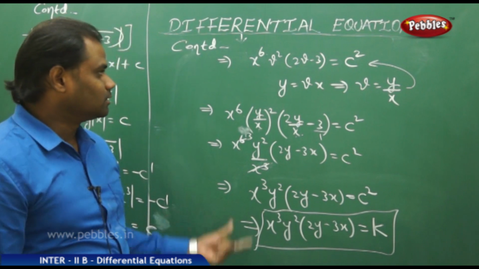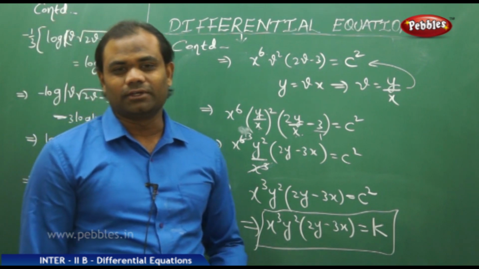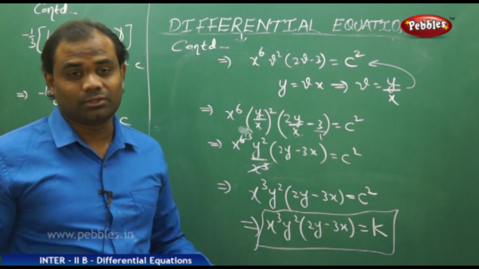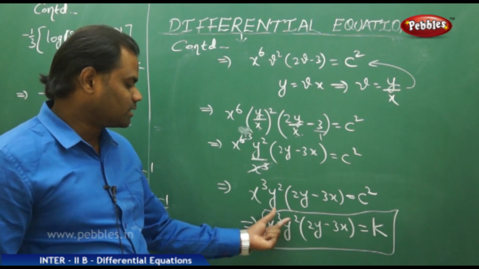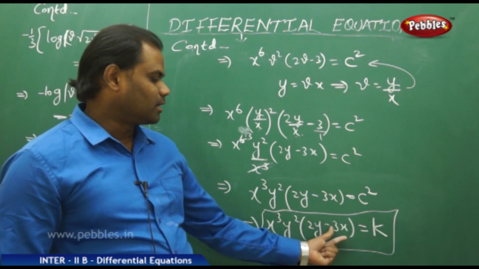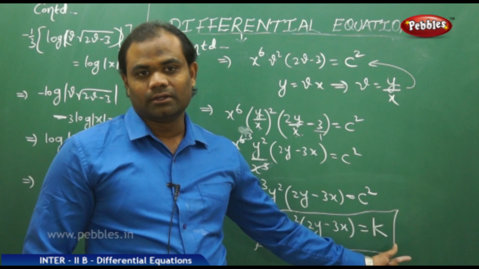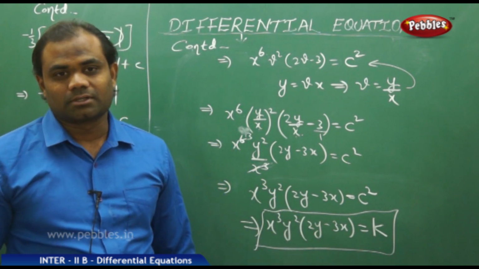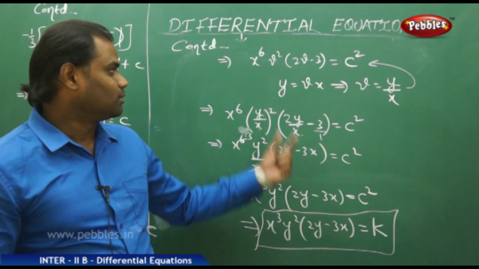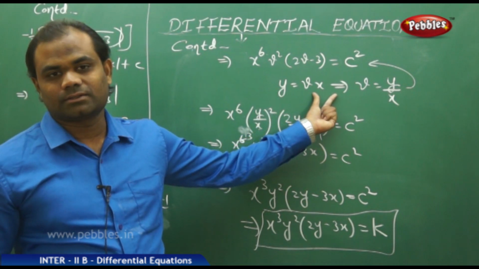Therefore the general solution of the given homogeneous differential equation is x cube y squared times 2y minus 3x equal to k, using the homogeneous method, substitution of y equals vx.